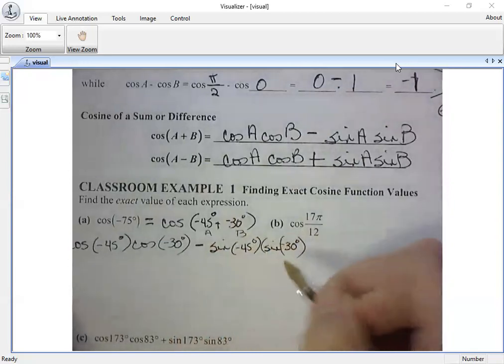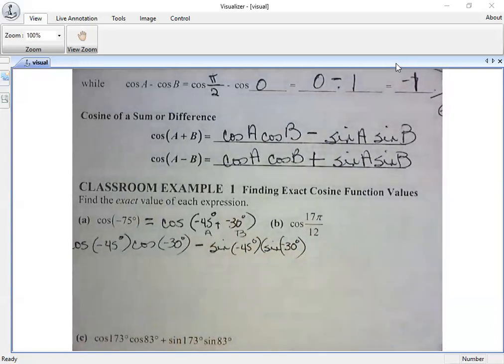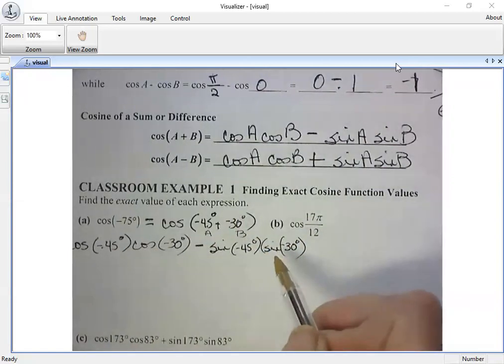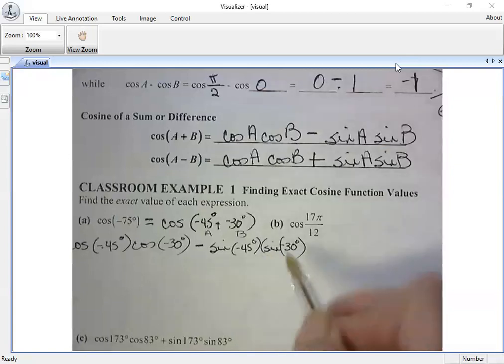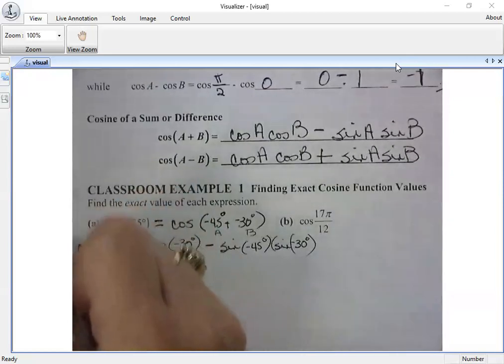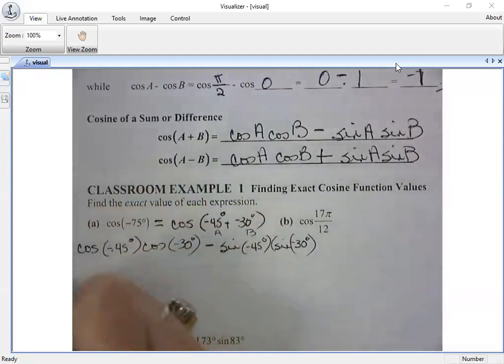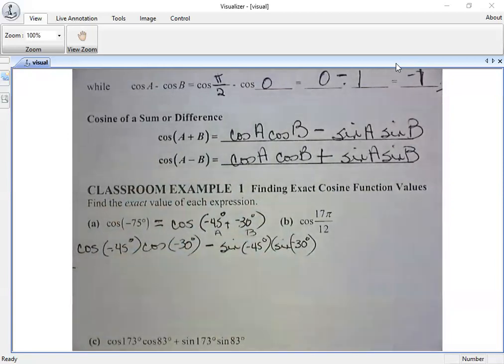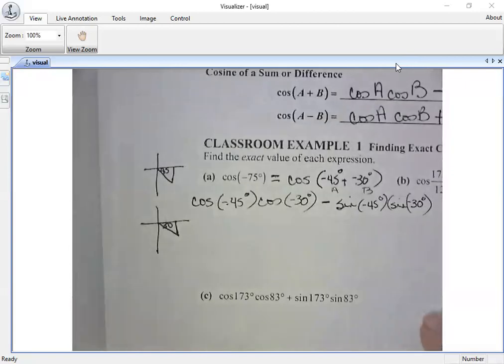Now, the one thing you'll have to be a little bit careful about here is by keeping the negative signs, we will have to be careful when we put the sign on these ratios, because that means we're now working in the fourth quadrant. So you might want a 45, 45, 90 and a 30, 60, 90 that you draw in the fourth quadrant, and let's label those sides.